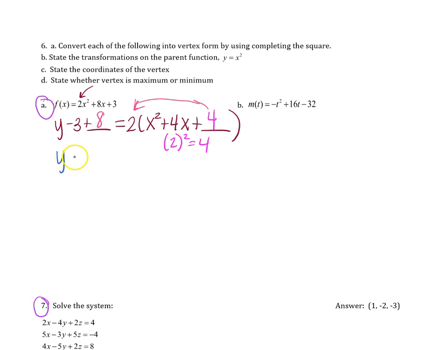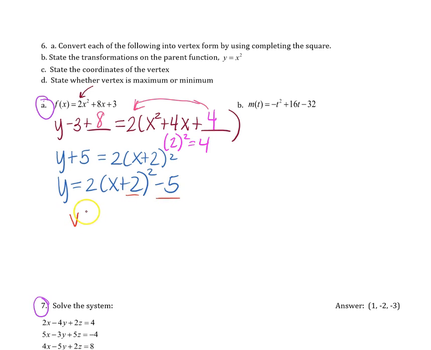So I've got y plus 5 is equal to 2 times (x plus 2) squared. Then from there, I just got to move over the 5. So y is equal to 2 times (x plus 2) squared minus 5. So from here, I can pull out my vertex from these numbers. So the vertex is equal to (-2, -5).